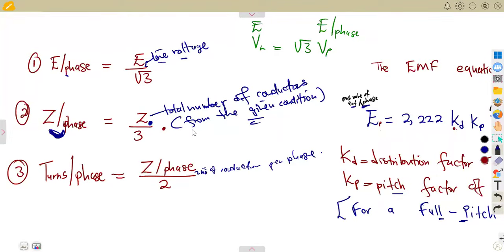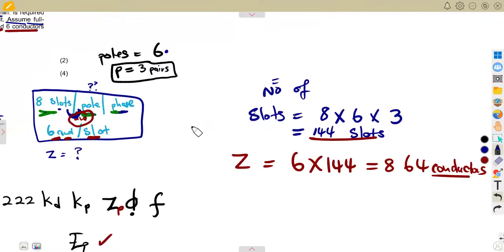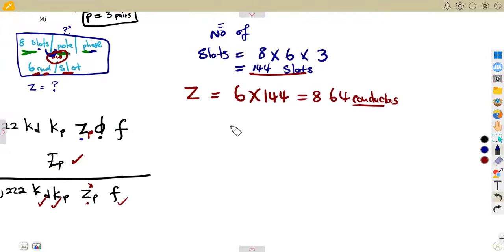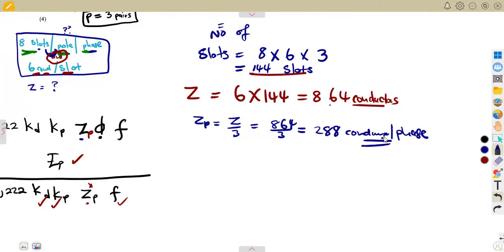You are now determining the Z per phase, which is the one that you need on the formula. This ZP is per phase. So to determine ZP, it is going to be Z over 3, the total number of conductors that you calculated divided by 3. You can leave it like this, or calculate, which is going to be 288 conductors per phase. So this is the one that you are going to use.